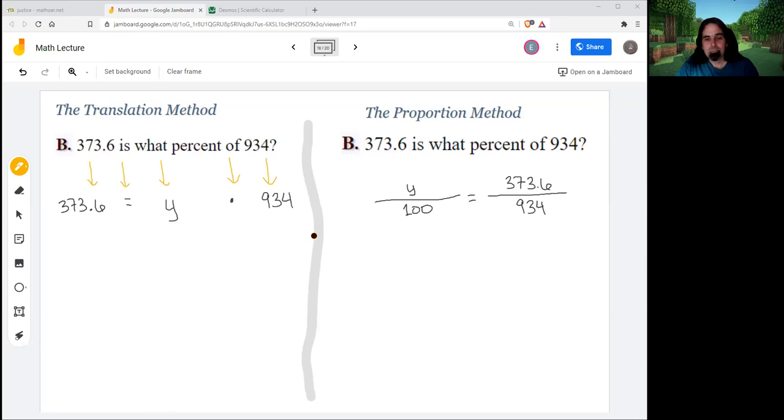Okay, tell me. You divide by 934 to both sides.